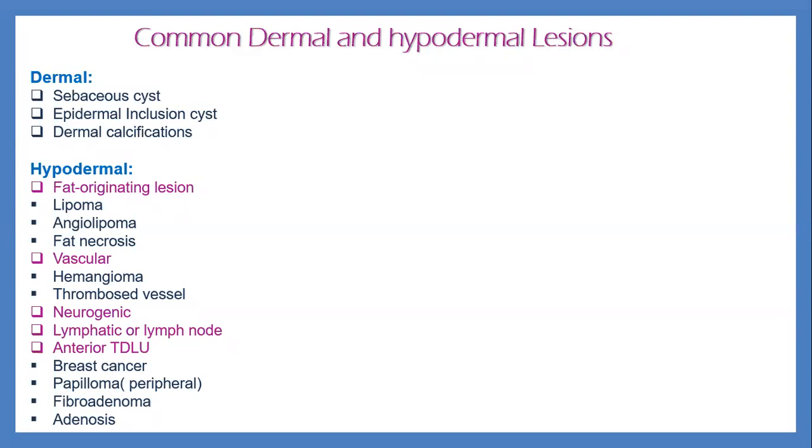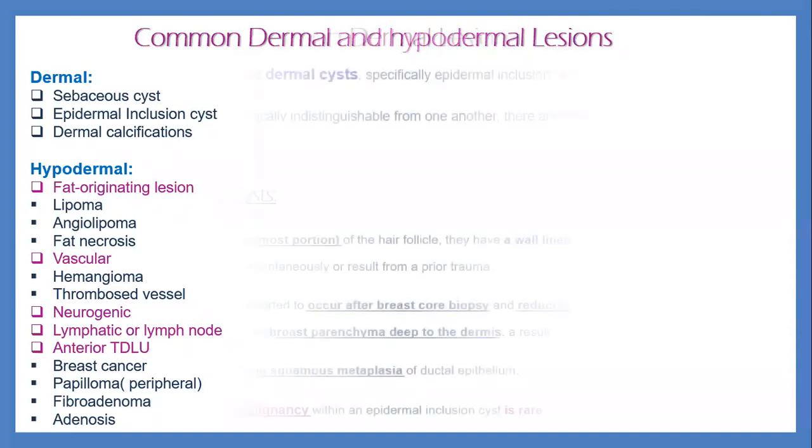Then the vascular lesions, hemangioma, thrombosed vessels, neurogenic tumors like schwannomas, and lymphatic or lymph node, anterior terminal duct lobular unit lesions like papilloma, fibroadenoma, sclerosing adenosis, or even invasive cancer and breast cancer. It's been mentioned here.